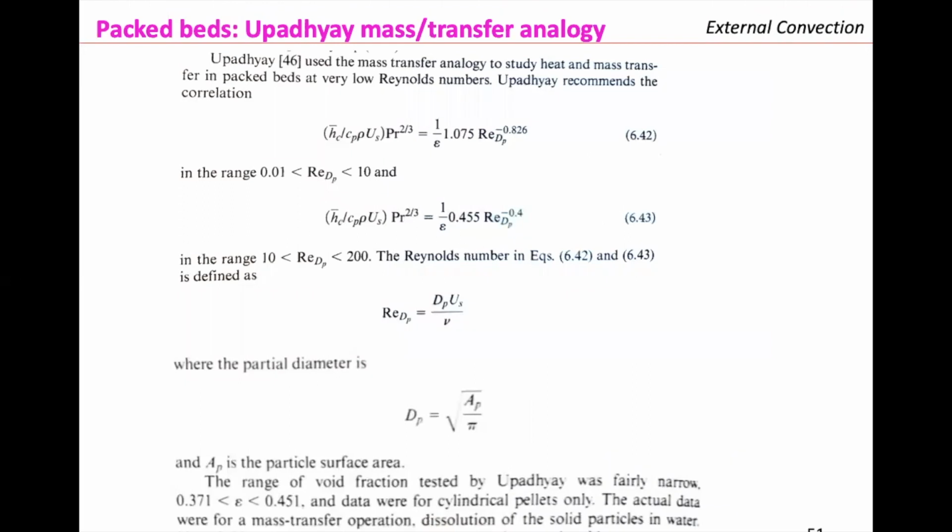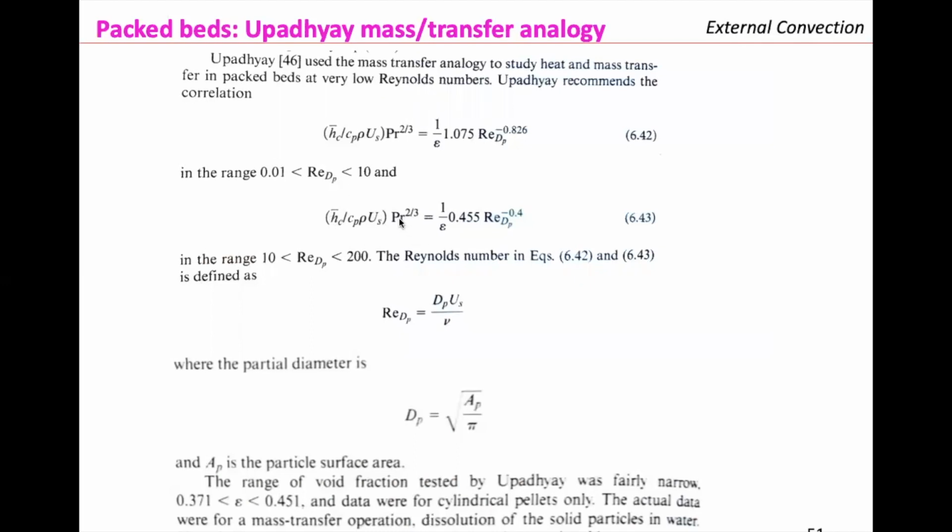Another important equation is the Upadhyay heat and mass transfer analogy, and you have it here in your book, equation 6.42. It's recommended to study heat and mass transfer in packed beds at very low Reynolds number. So the Reynolds range is between 0.01 to 10, right?